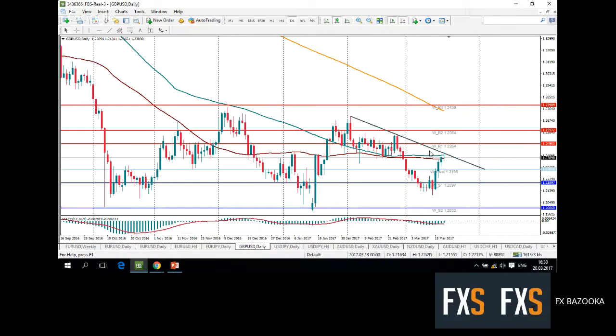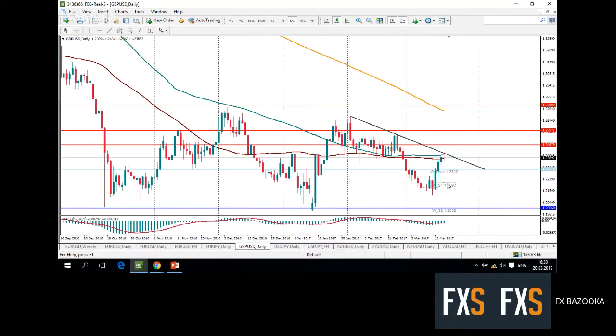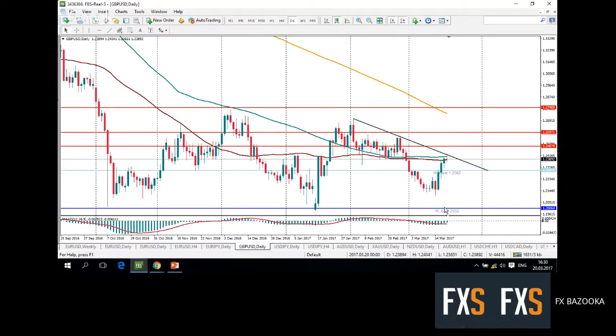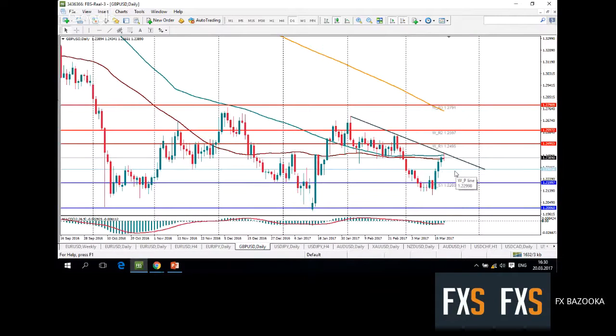Here the reasons for higher GBPUSD were pretty much the same as the reasons for higher euro versus the US dollar, as firstly there was the broad weakness of the US currency, and secondly there were some news connected with the central bank, which turned out to be positive for the currency.